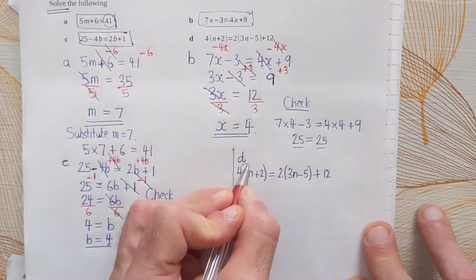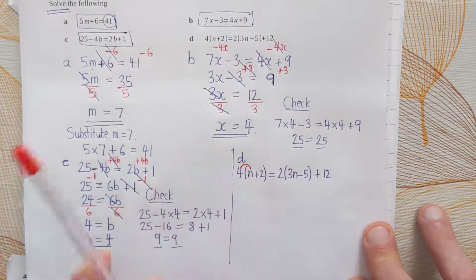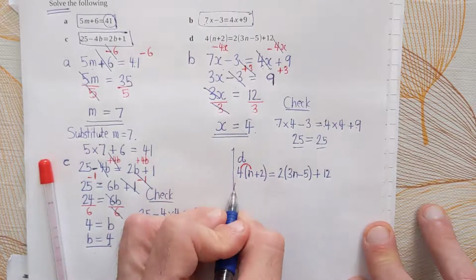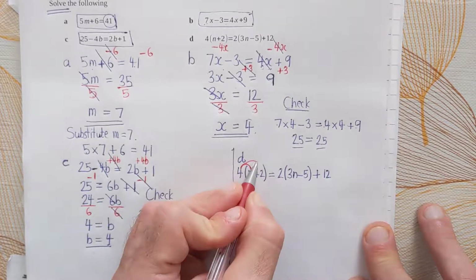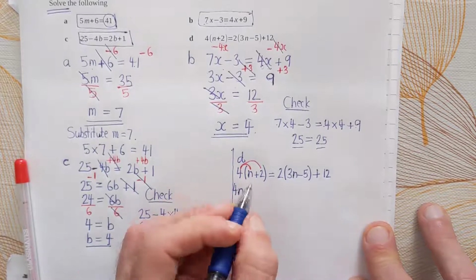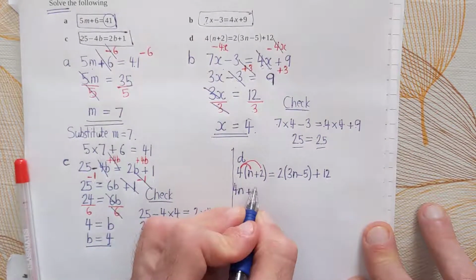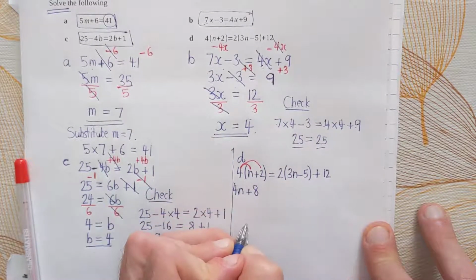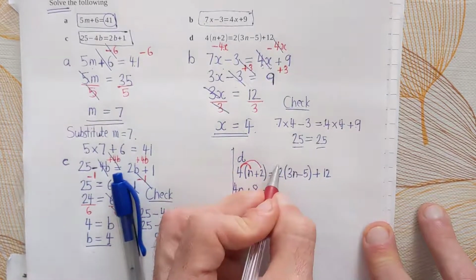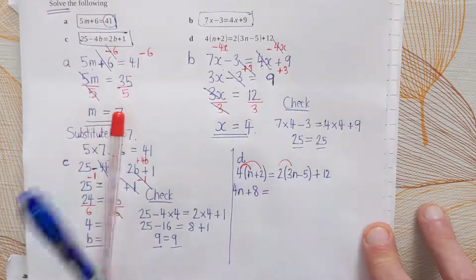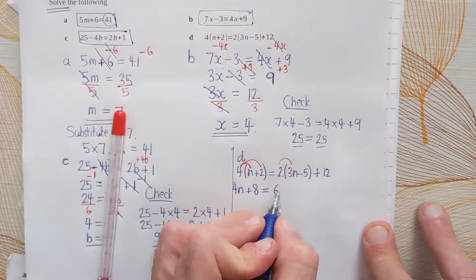We have here 4, open brackets, n plus 2, close brackets. So to expand the brackets here, we've got to multiply 4 by n, so 4n. And then we have here 4 times 2, so plus 8, equals 2 times 3n. 2 times 3n is 6n.